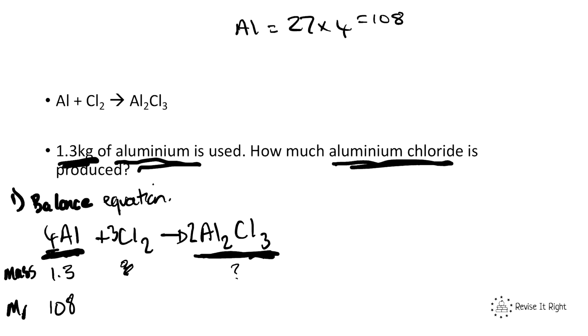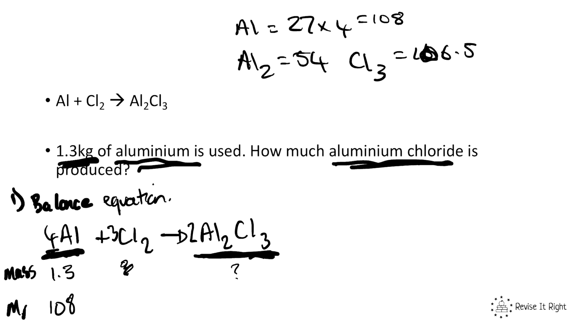And then you need to work out the MR of the other one, so in this case aluminium chloride. So we've got Al2, Al has a mass of 27, so Al2 has a mass of 54, and Cl3, now if we look on our periodic table, chlorine has a mass of 35.5, so we times that by 3 to make 106.5.